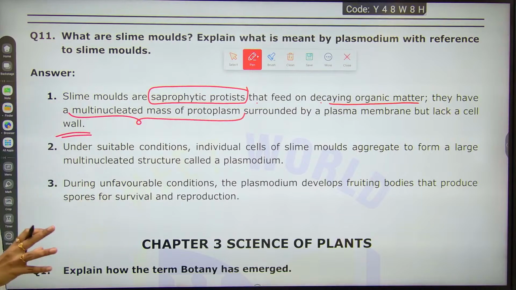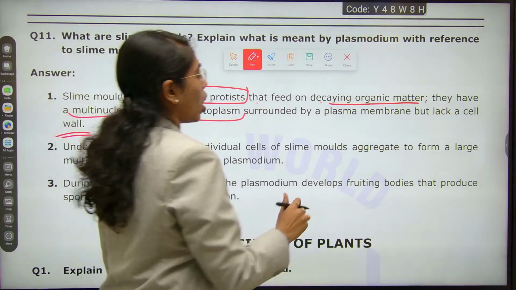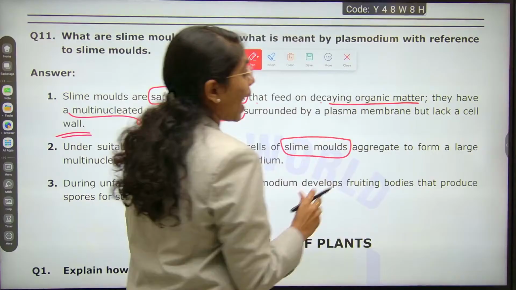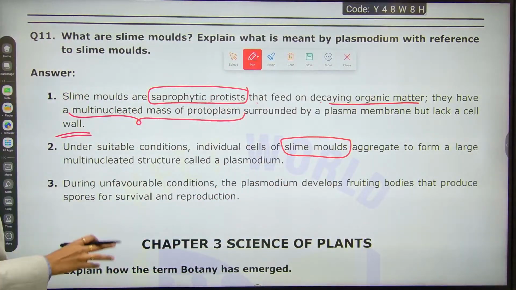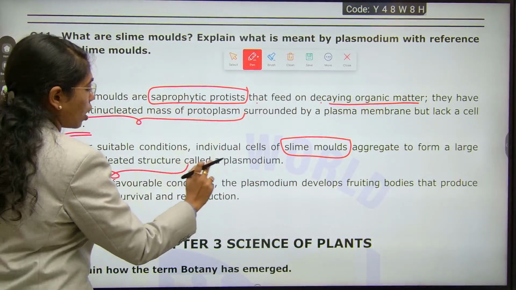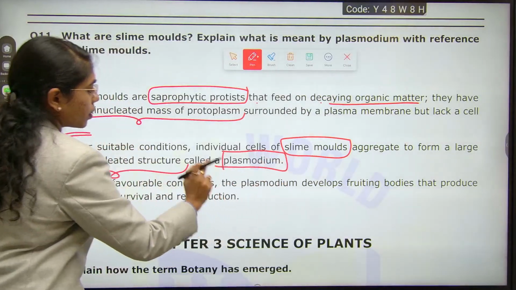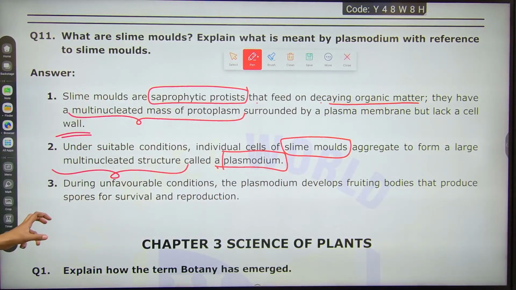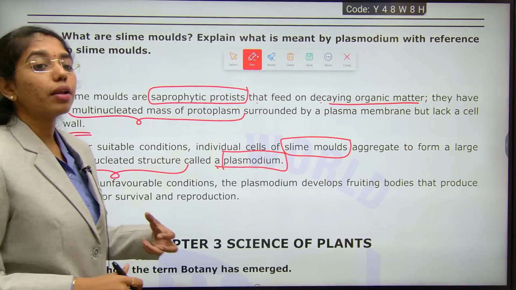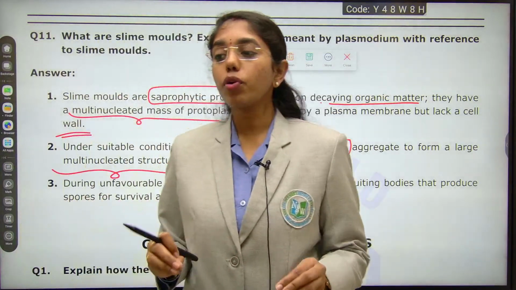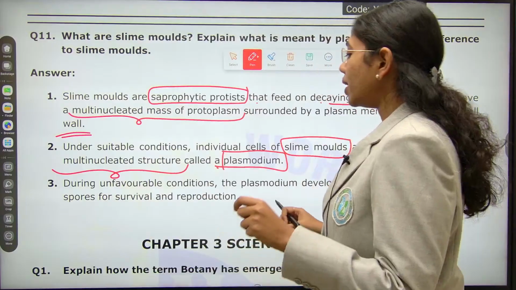Under suitable conditions, individual cells of slime molds will aggregate together to form multinucleated cells called plasmodium. During unfavorable conditions, plasmodium will develop fruiting bodies. From the fruiting bodies, spores will be released out.